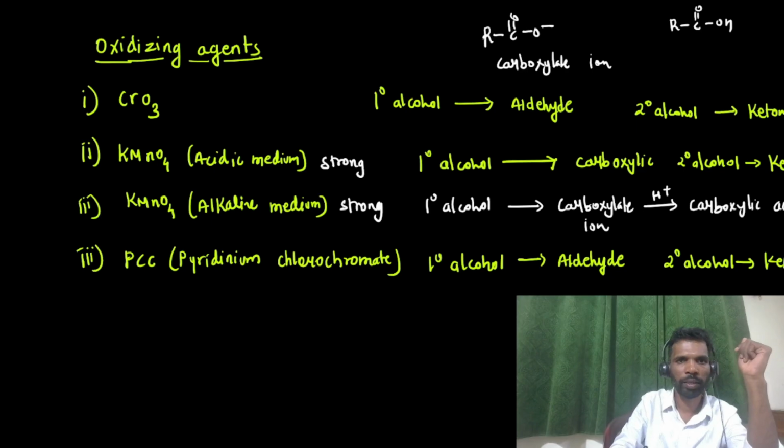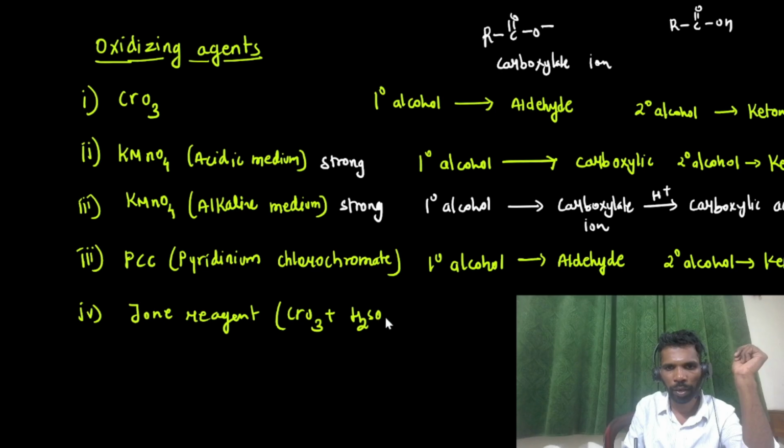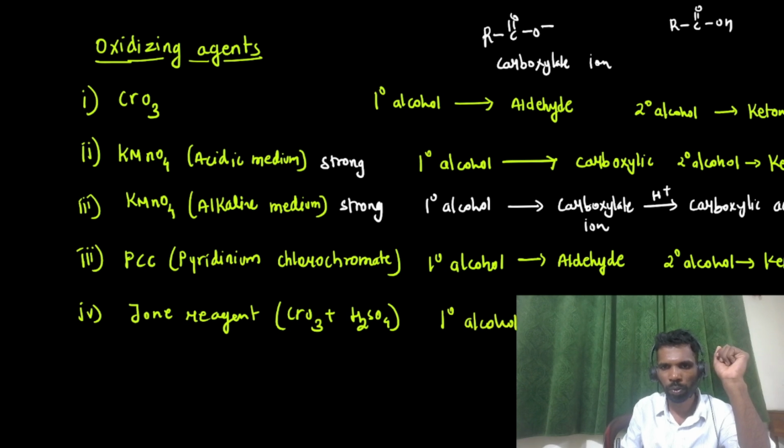Then the fourth is Jones reagent. The combination is CrO3 and H2SO4. This is also a mild oxidizing agent which will convert primary alcohol to aldehyde.